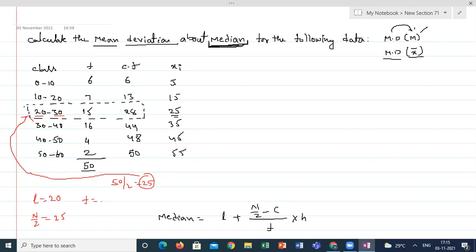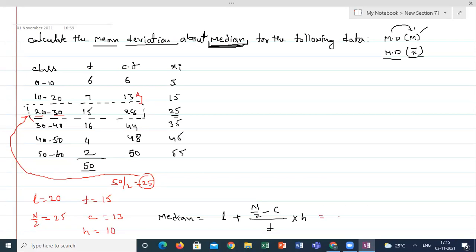The frequency of that class interval is 15. What is the C value? The preceding value, 13. What is the H value? 10. The class interval range, 10.